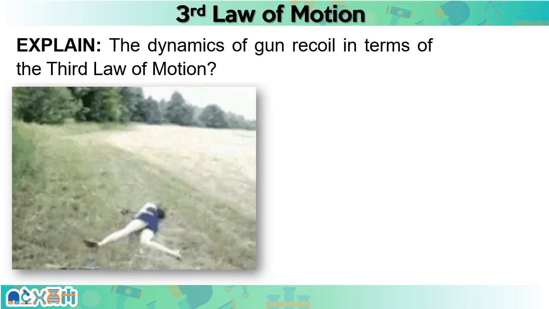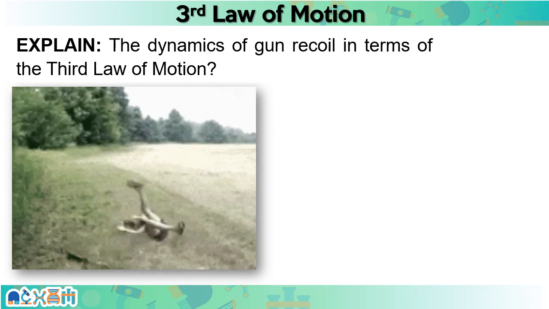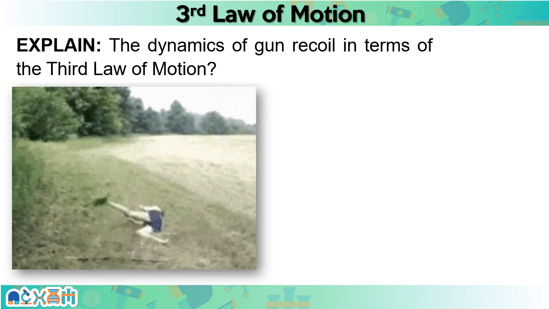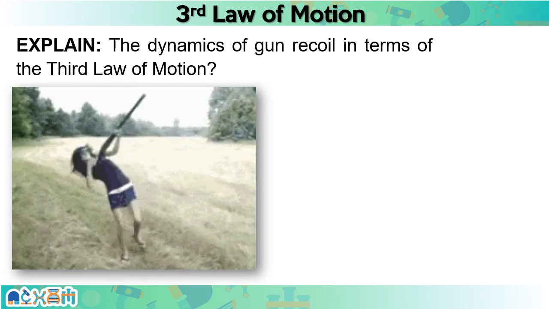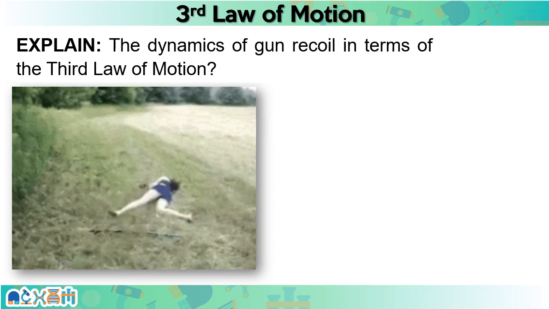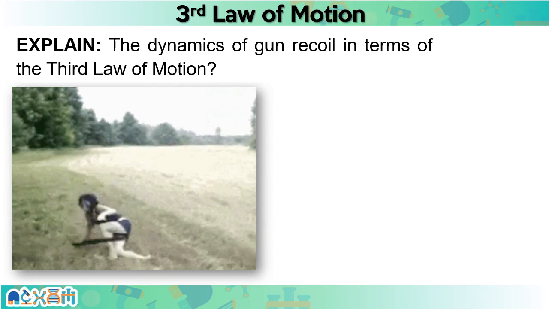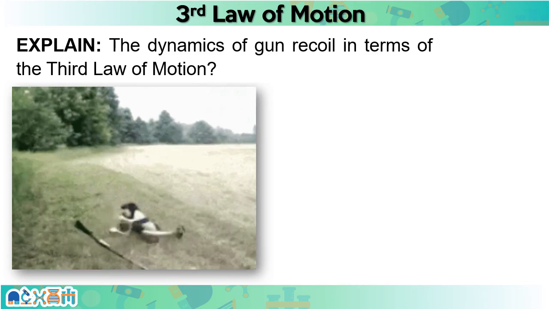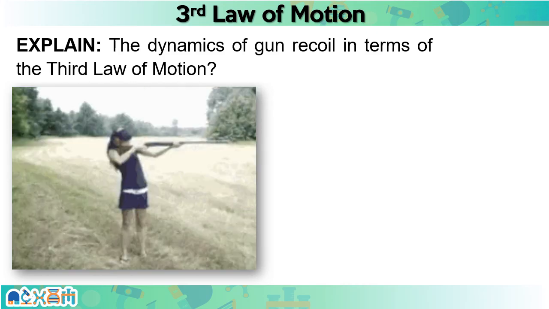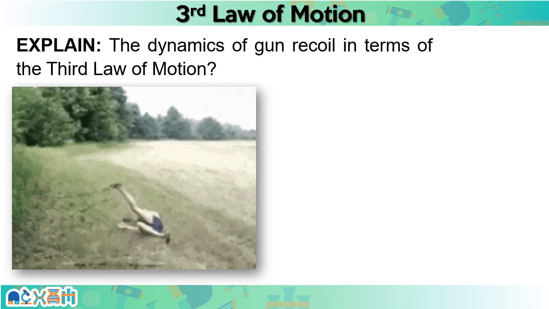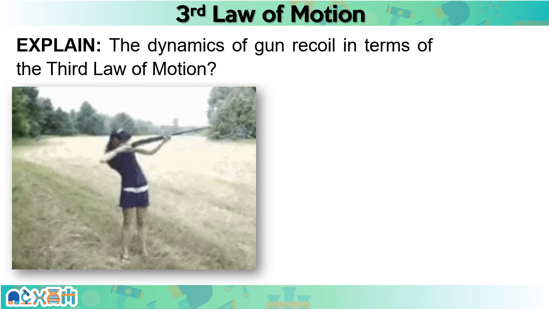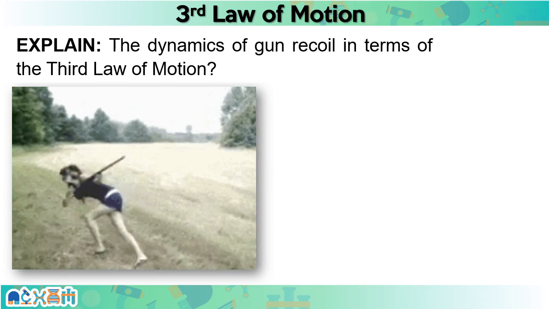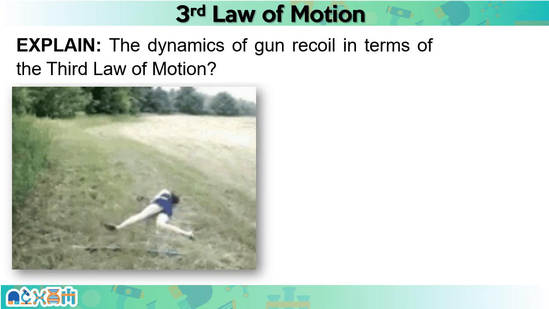For example, the action-reaction in terms of a gun recoil. When a gun is fired, the gun itself recoils backward because of the reaction of the bullet as it leaves the gun. Similarly, the nozzle of a big fire hose has handles which firefighters must grasp firmly because as the jet of water shoots out of it, the hose itself is forcibly pushed backward.